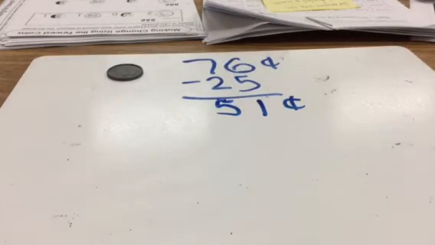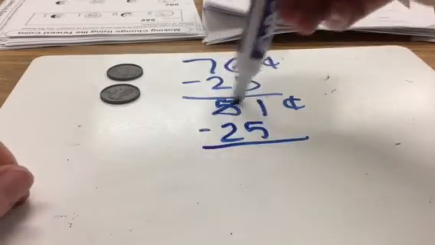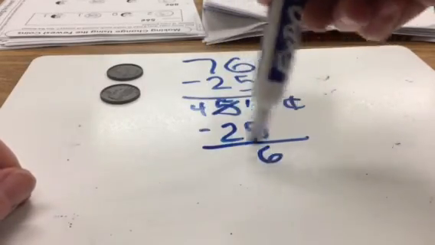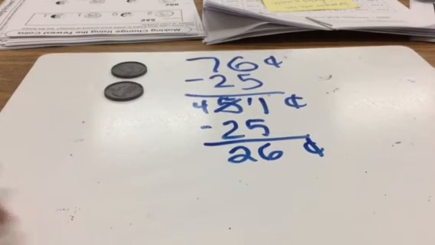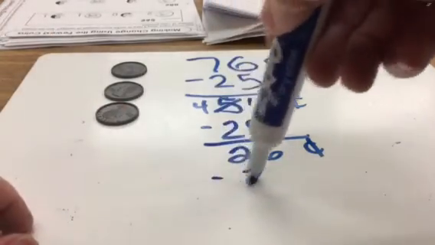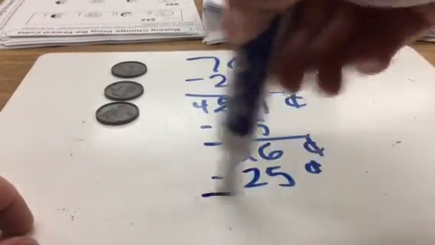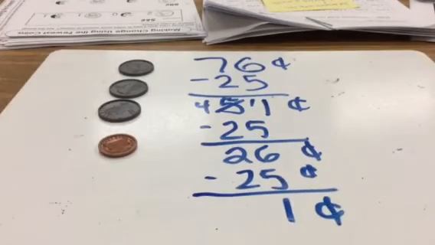I can add another quarter. And I have 26 remaining. Can I use another quarter? I sure can, because a quarter is 25. So that means I have 1 cent left. 1 cent is my penny. So 3 quarters and 1 penny gives us 76 cents.